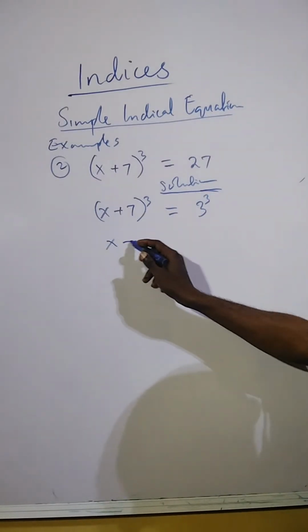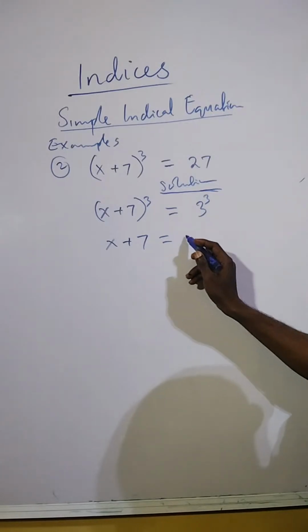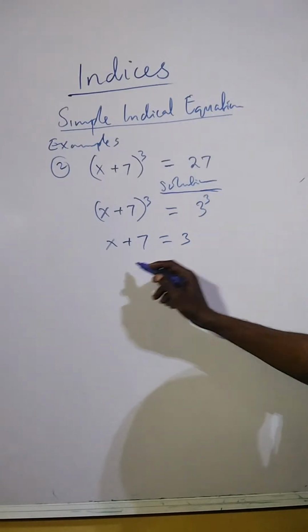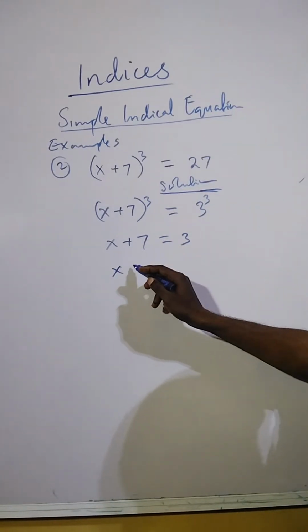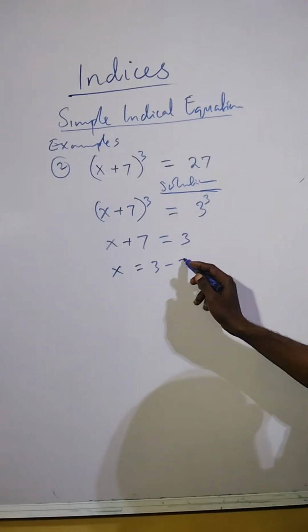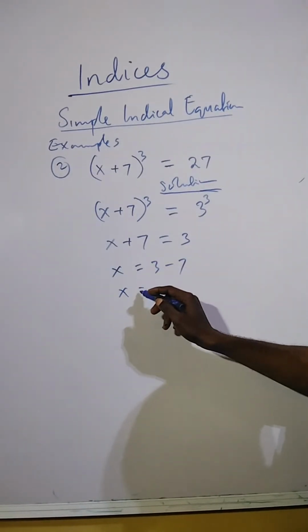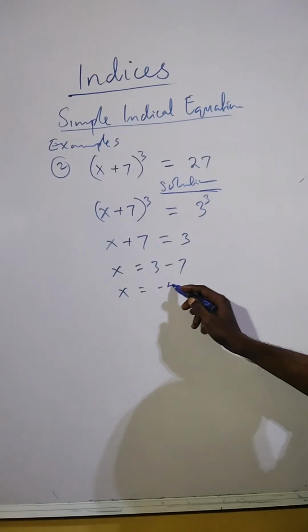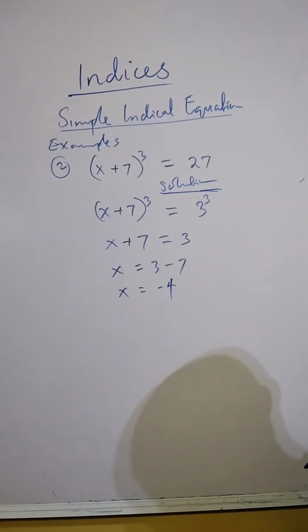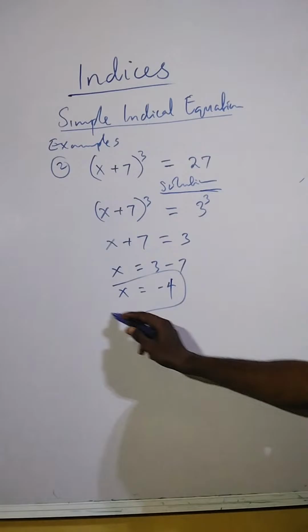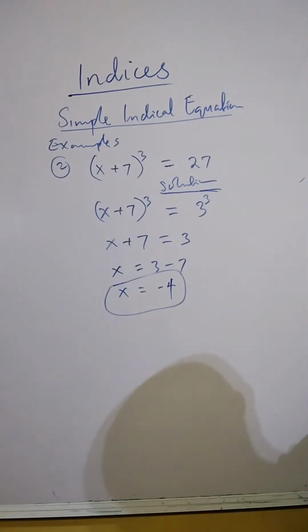And we have 2x plus 7 equals 3. So taking 7 to this side becomes 2x equals 3 minus 7, so 2x equals minus 4, and x equals minus 2. So that is the real solution we have there.